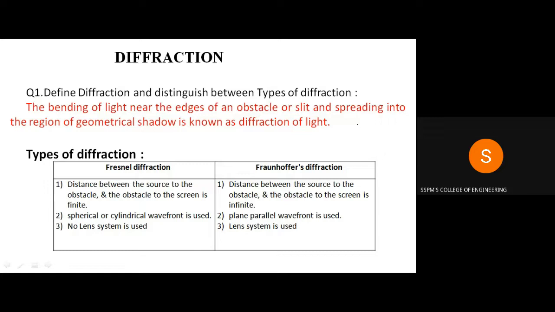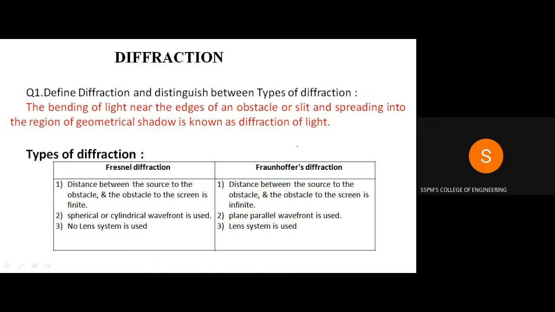Diffraction is one type of spreading or scattering which follows certain conditions. Which conditions, we will see.